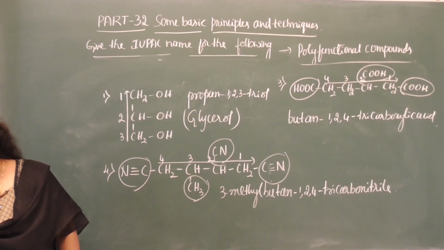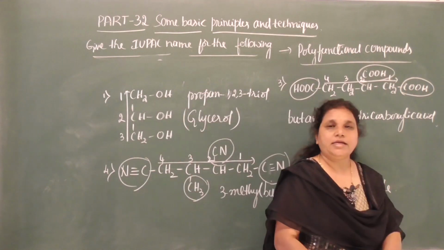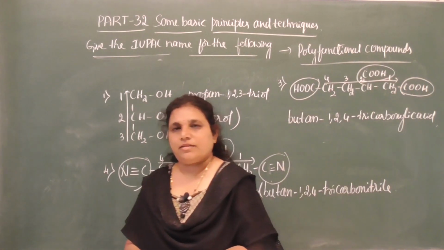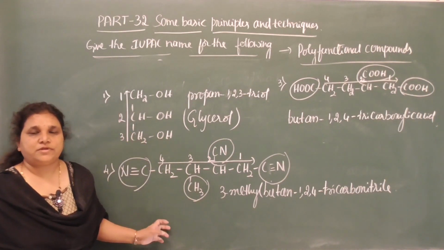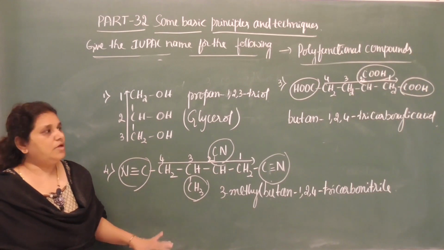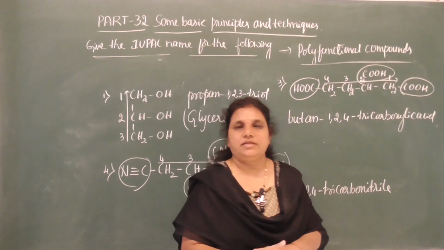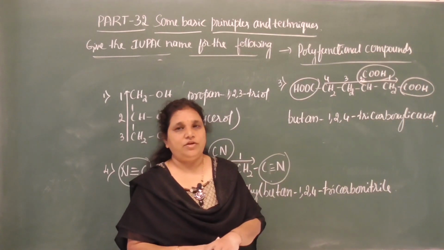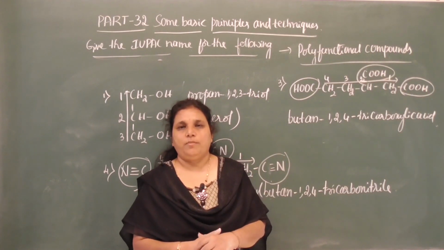So that is about the compounds which contain the identical or similar or like carbon containing functional groups. What type of functional groups? Terminal functional groups. These are some examples where I have given the IUPAC name and where we need to follow the 1993 recommendation of IUPAC nomenclature.